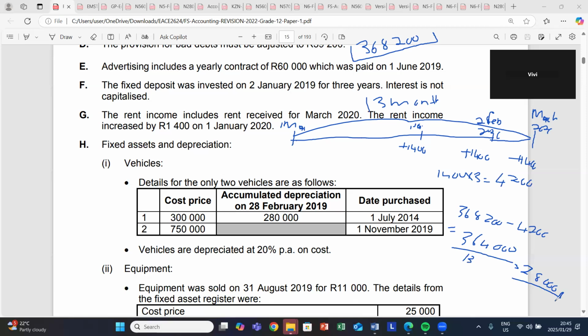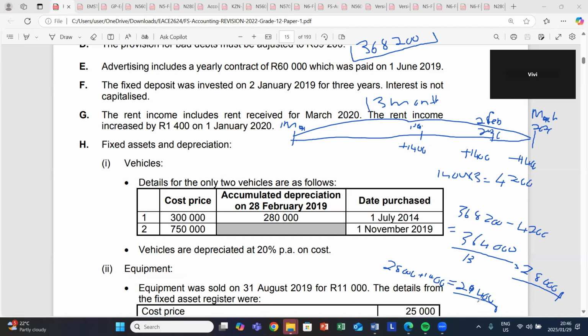I think we're gonna add back the 1,400 to get the initial amount that we have to take out. 28,000 plus 1,400, which is 29,400. Can you say that this 29,400 rand, what are you going to do with it? Yes, I'm gonna minus it in my rent income.